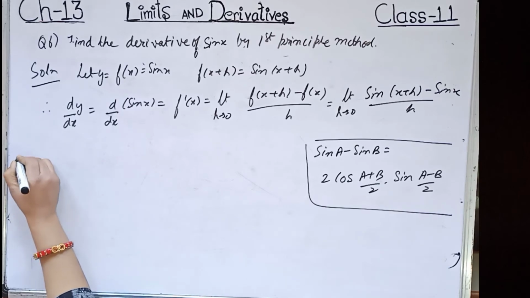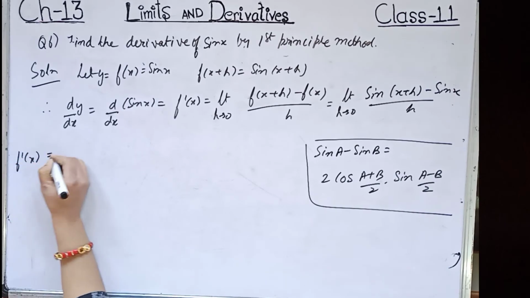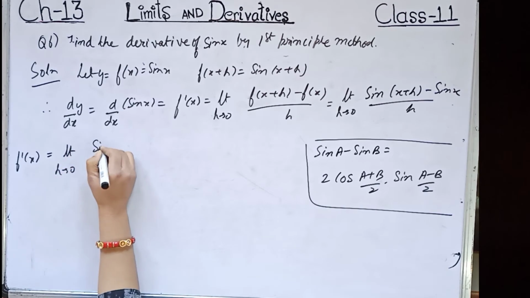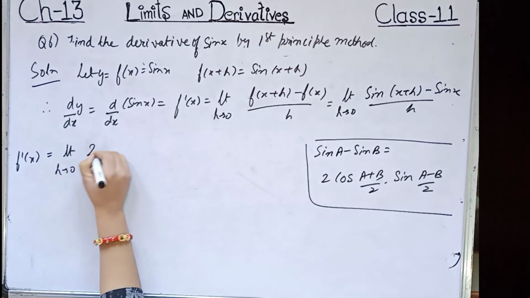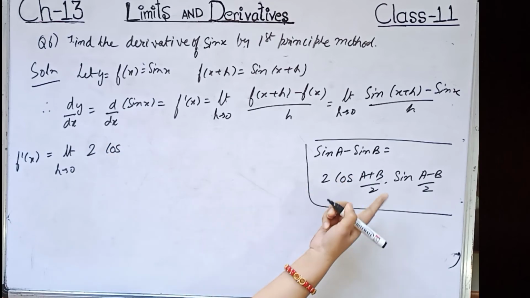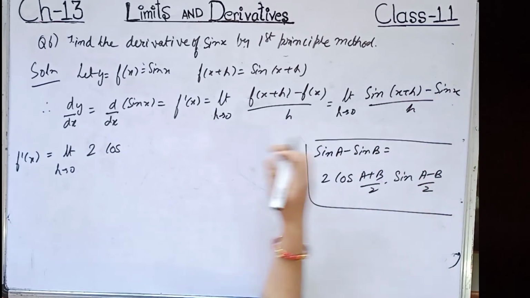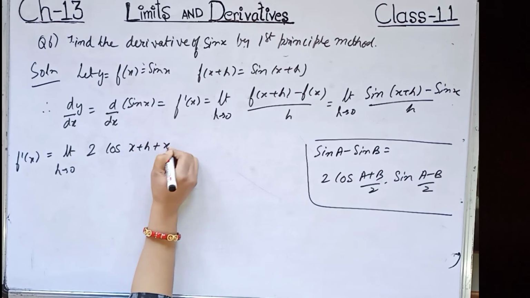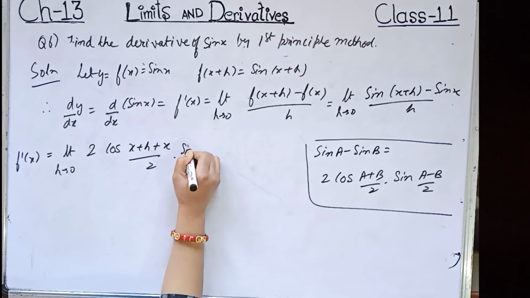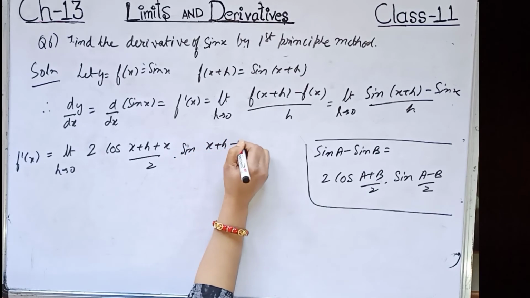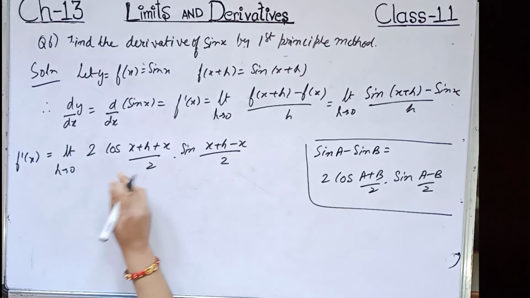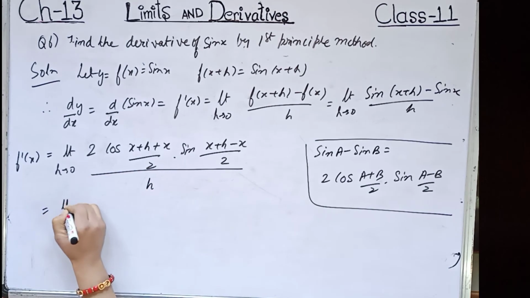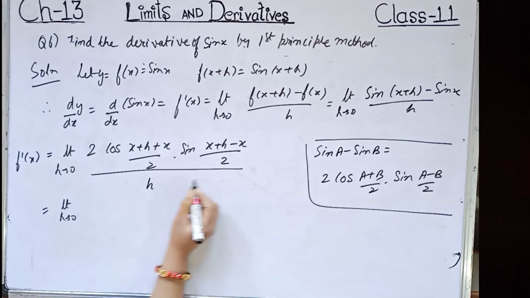So this will be f dash x equals limit h tending to 0, 2 cos of a plus b by 2. A value is x plus h and b value is x. So x plus h plus x by 2 into sin of x plus h minus x by 2, divided by h, equals limit h tending to 0.